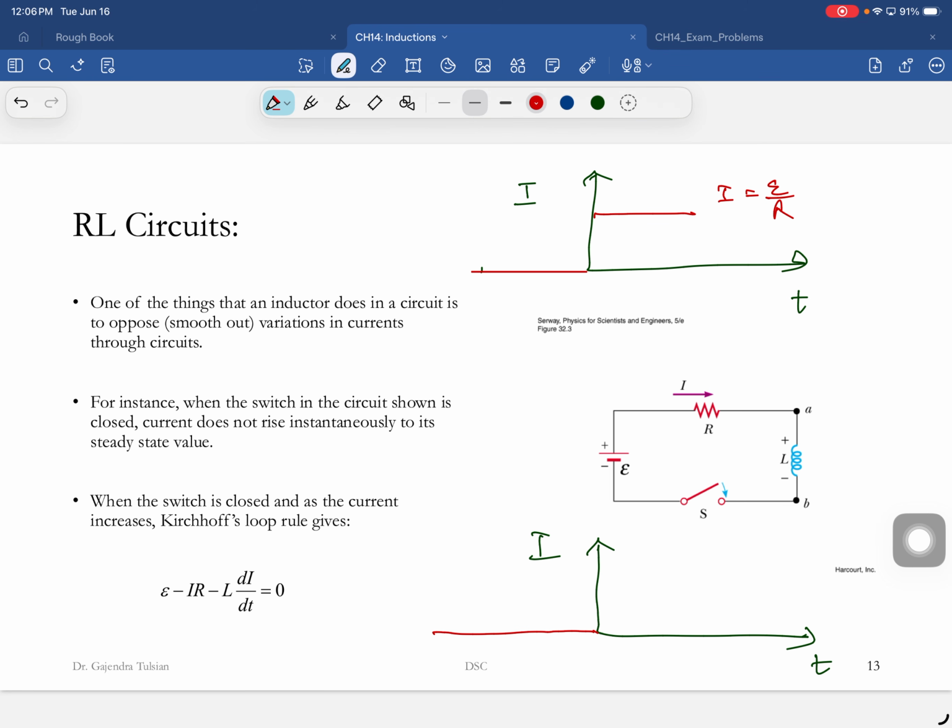It's going to increase more gradually. Yeah, it doesn't like changes in current. It fights back and produces an EMF in the opposite direction, so the current rises more slowly. It rises exponentially, and eventually gets to the steady state value of E over R.